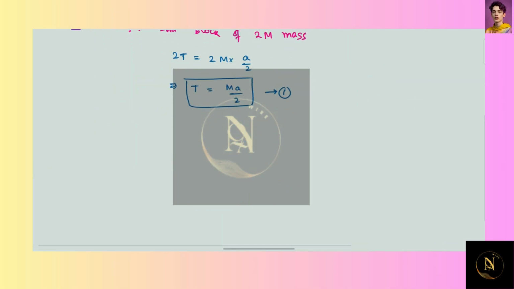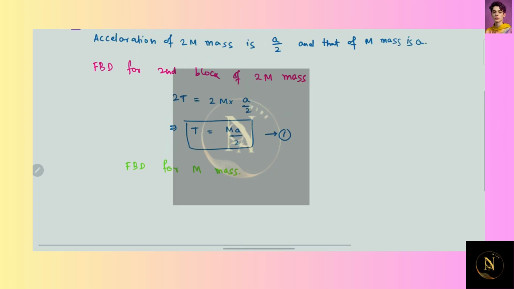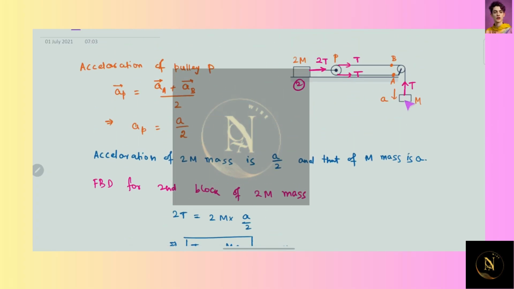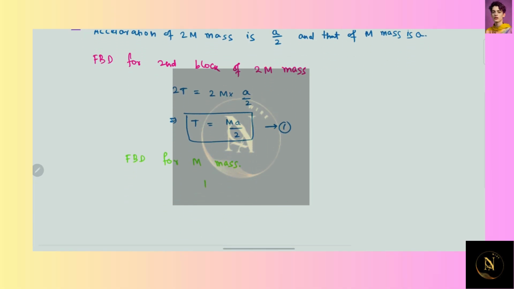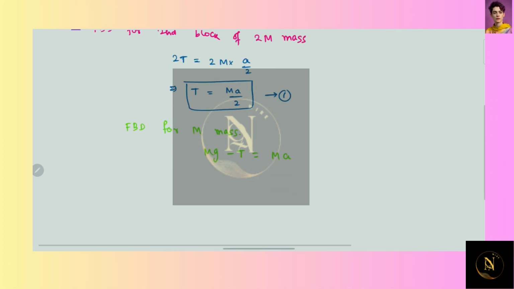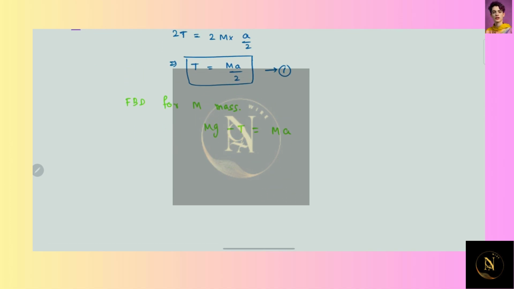By drawing the free body diagram for M mass, the net force is downward, which is of course mg acting downward, so mg minus T is equal to M into a. From 1, I can write that M a is going to be equal to 2T.